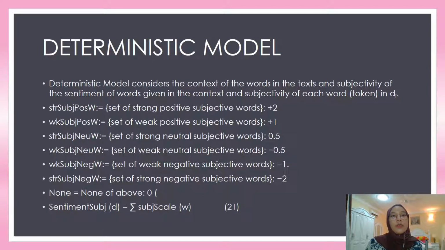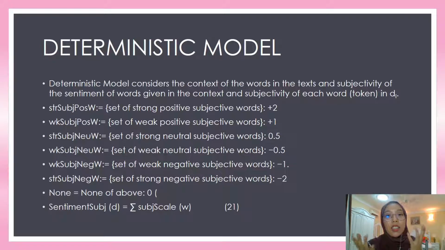Just now we saw that the architecture of the framework uses the deterministic model. What is a deterministic model? The deterministic model considers the words in the text and the subjectivity of the sentiment of the words given in the context. Basically, they determine whether the word is a strong word in the sentence or a weak word.